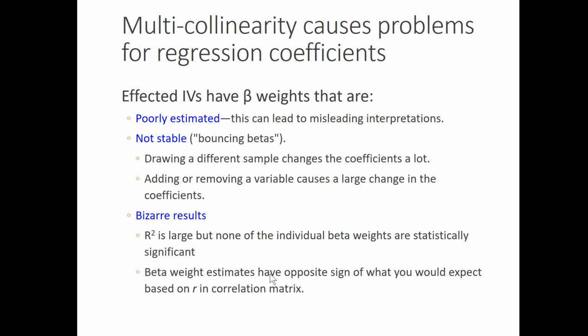You can even get situations where the R-squared is large, in other words, the model explains a lot, but none of the individual beta weights on the coefficients are statistically significant. And you can get the beta weight estimates to have opposite signs of what you would expect based on the strength of the correlation, whether the correlation is positive or negative. So there are some really bizarre and undesirable artifacts that happen when we have collinearity in our data when we're trying to come up with good regression coefficients.